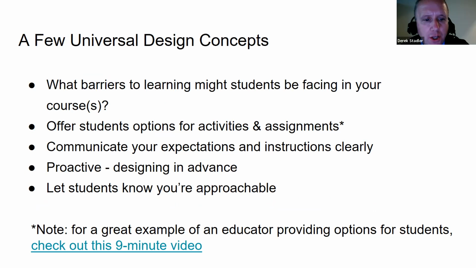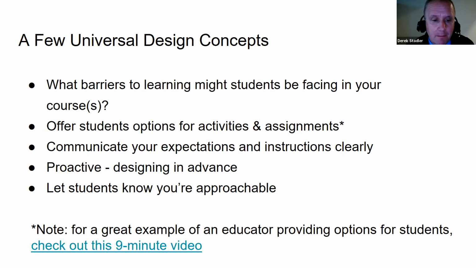Okay, so Universal Design, or UD, attempts to remove physical and virtual barriers to learning. It acknowledges student variability and considers that there is no such thing as the average learner. It considers that barriers to learning are often not the fault of the student. What barriers to learning might students be facing in the courses that you teach?